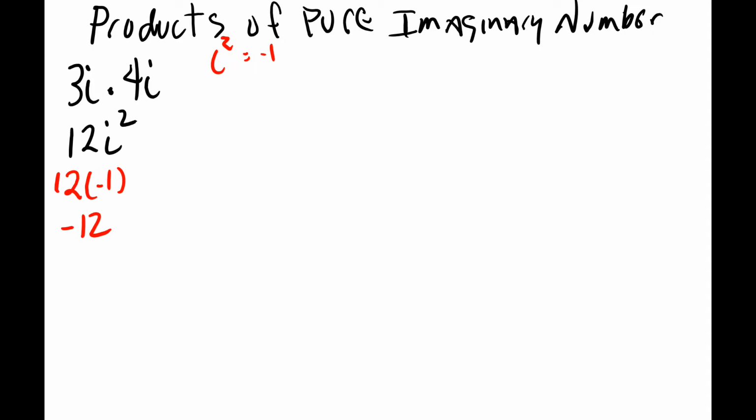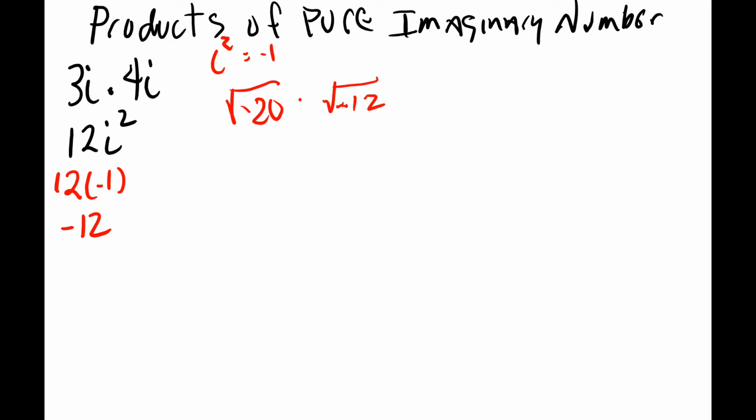Let's look at the second one, 2b. Now this one, we have the square root of -20 times the square root of -12. And I'm going to break down each one of these radicals. And so the first thing I see, I'm going to start here with -20.